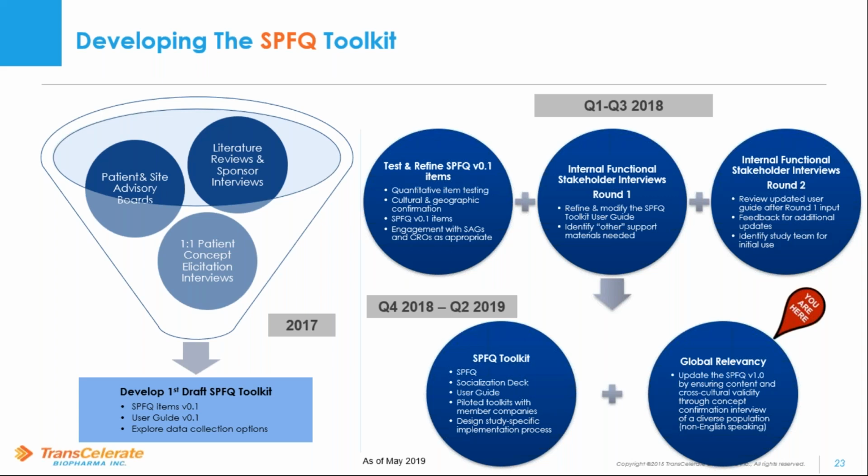That's on the left side. And then on the right side of this graphic, we show what we spent. This says 2018, but we also worked in 2019 at the bottom there. We spent the next 2 years taking all that information that we'd gotten from patients and sites, advisors, patient advisors, and our own internal teams, and created a draft of the questionnaire.